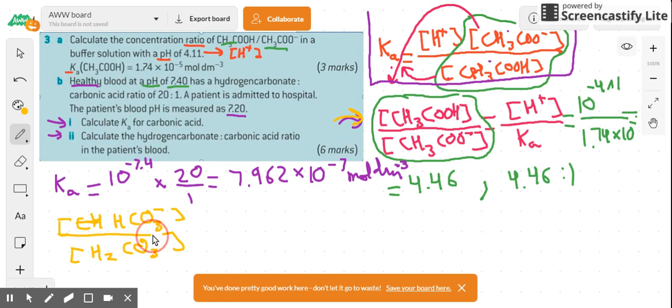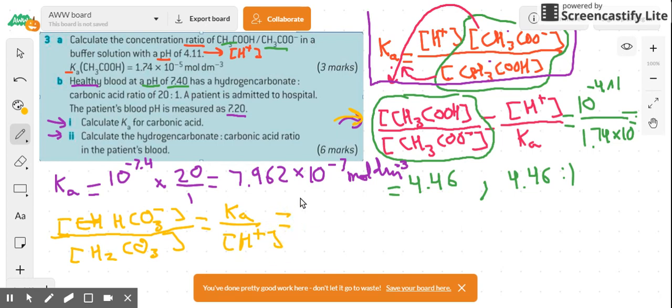But again, it's the conjugate base over the acid. So conjugate base over acid equals Ka divided by concentration of products.